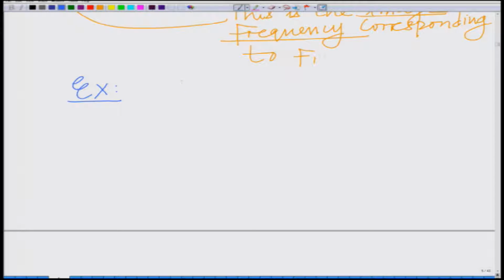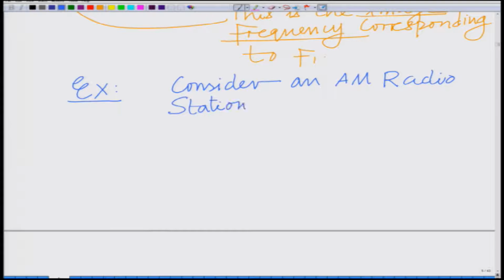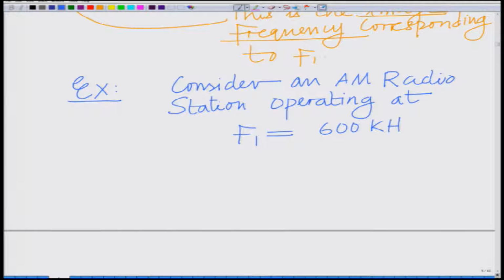Consider an AM radio station operating at f1 equal to 600 kilohertz.